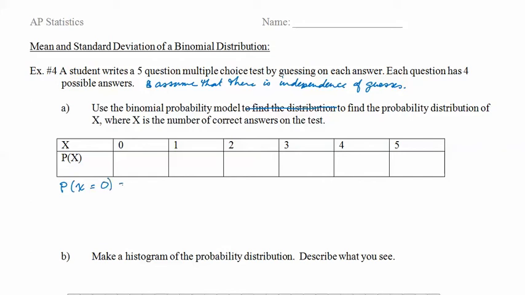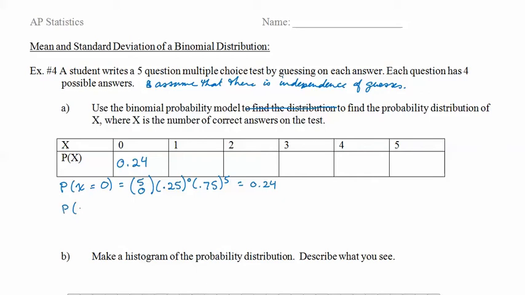Probability of x equals 0 is 5 choose 0 of 0.25 to the 0 times 0.75 to the 5. And when we work that out, we would get 0.24. Now I would like you, so we'll fill that in here, and then you're going to do the same sort of work for the probability of x equals 1.